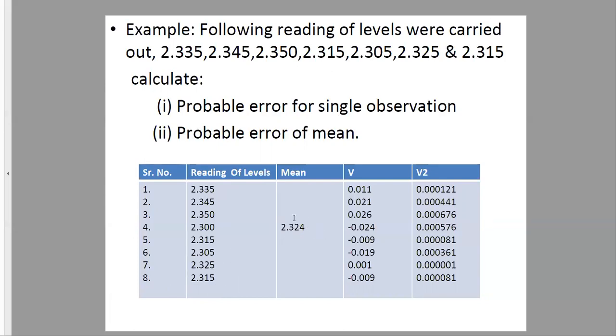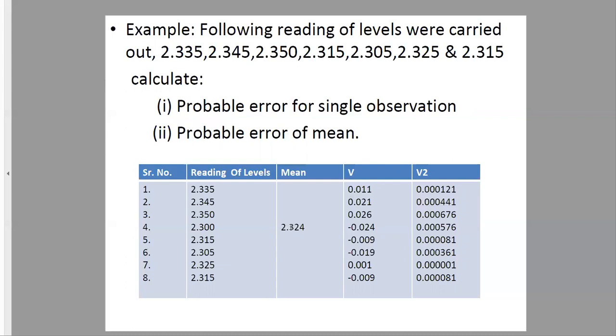So this will become 2.324. You can cross check this, whether it is true or wrong. After that, we'll subtract all of them. We'll subtract 2.324 from 2.335, that is observed value subtracted with mean value.